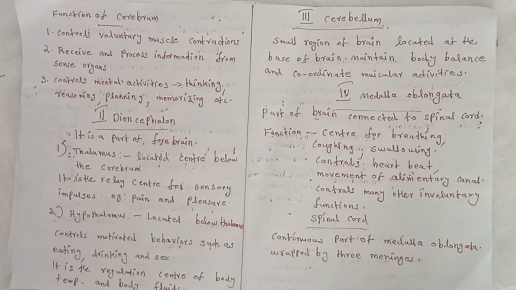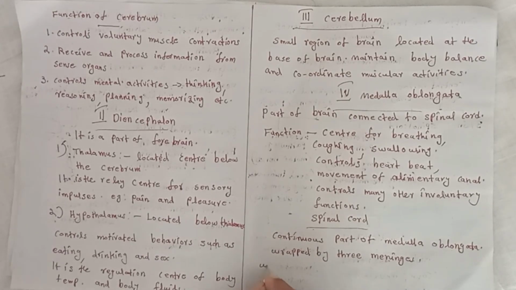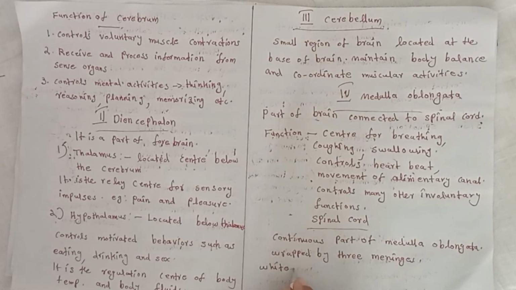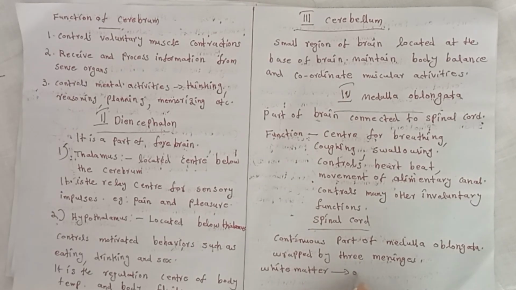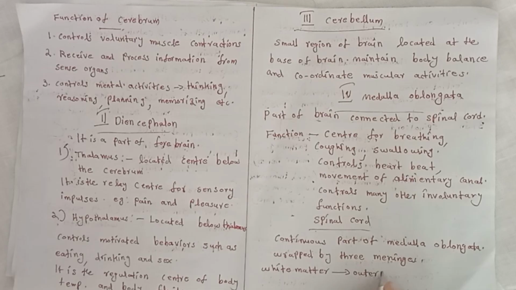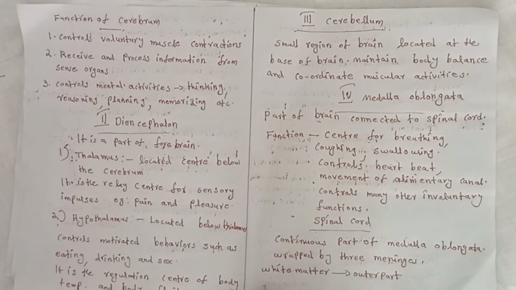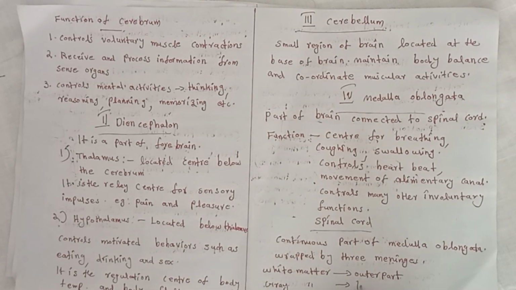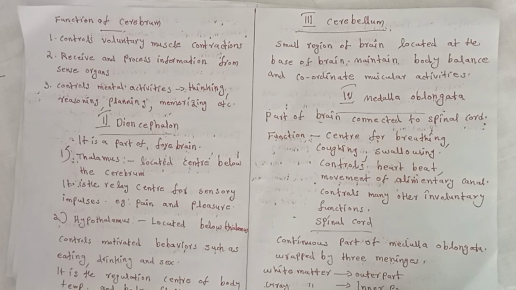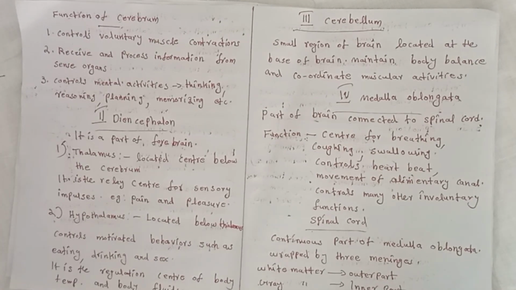The arrangement is white matter on the outer part and grey matter on the inner side, which is the opposite of the brain.